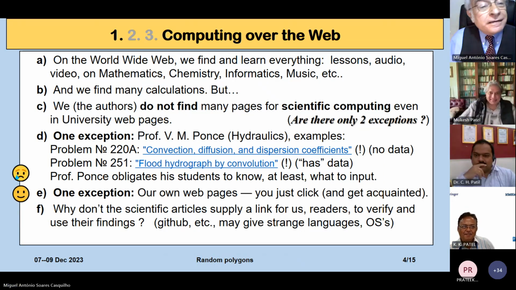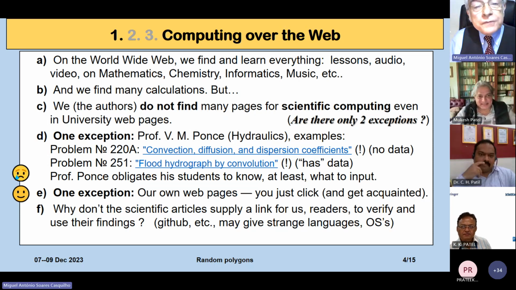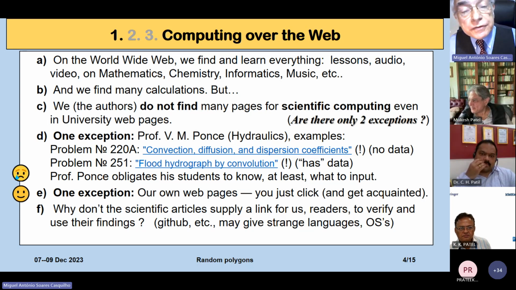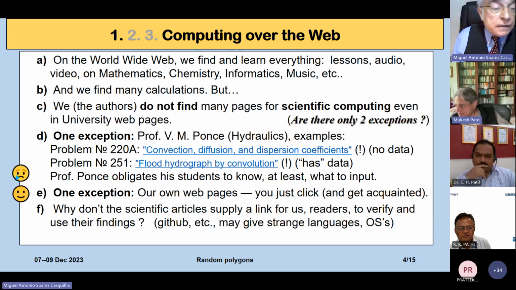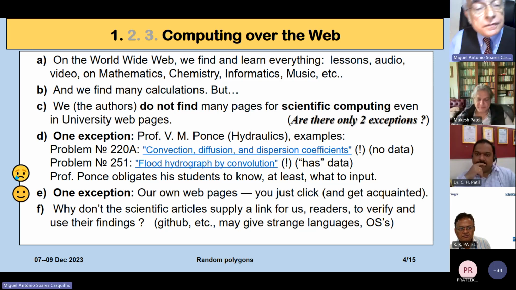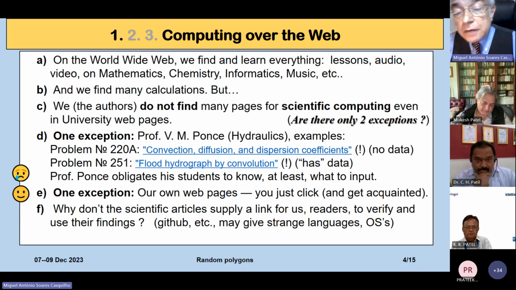On the World Wide Web, we find everything we wish. And we find many calculations, but we, the authors, and many people, do not find many pages for scientific computing, even in university web pages. So we are very special people, we the authors. Are there only two exceptions?